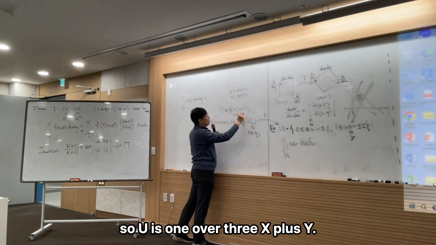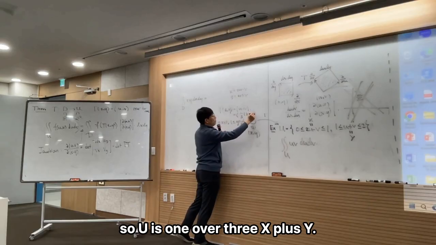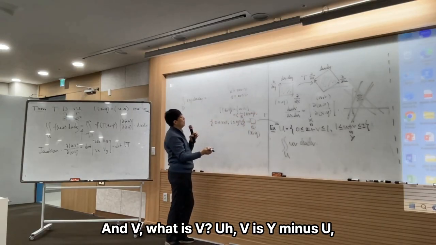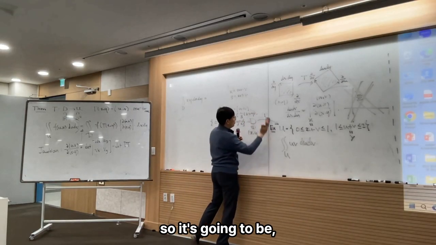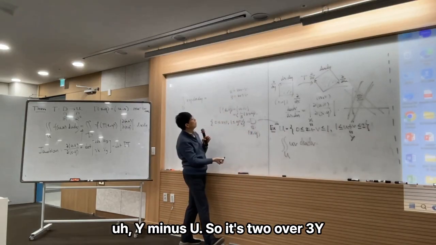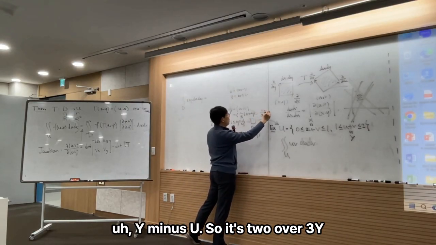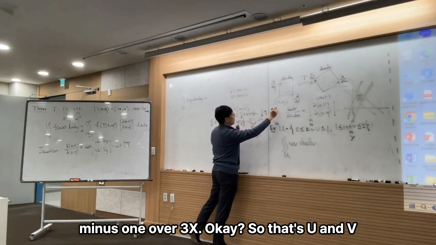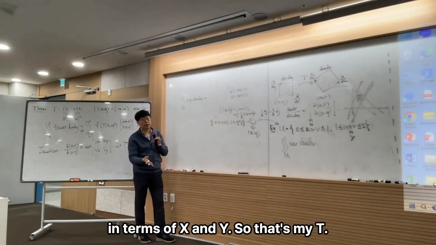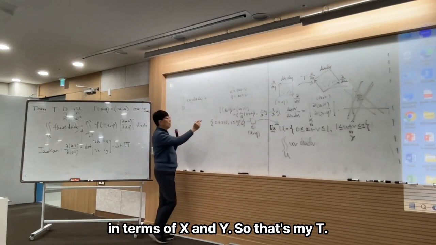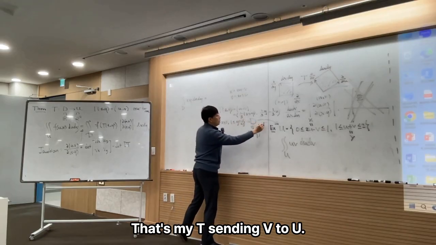So u is 1 over 3 times x plus y. And v, what is v? v is y minus u, so it's going to be 2 over 3 y minus 1 over 3 x. Okay? So that's u and v in terms of x and y. That's my T, sending D to U.